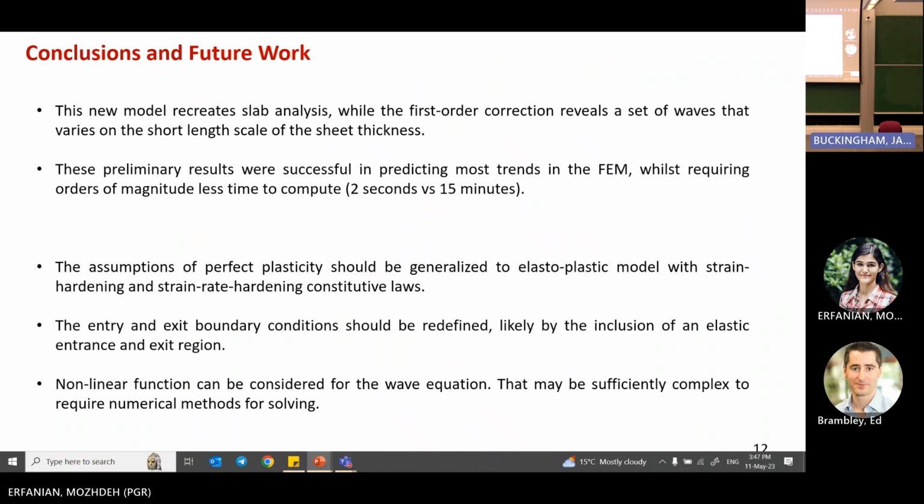And for the future work, as I said, we use perfect plasticity, and the first thing to do is to include elasticity and also hardening in the equations, and then this may affect the initial boundary condition.